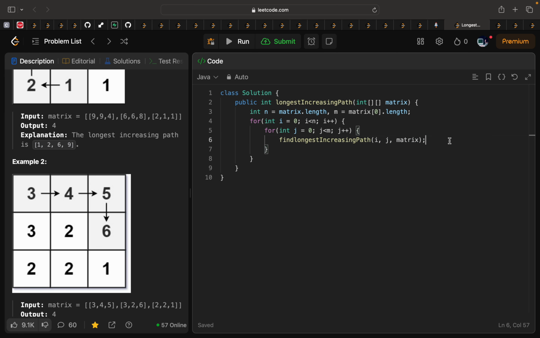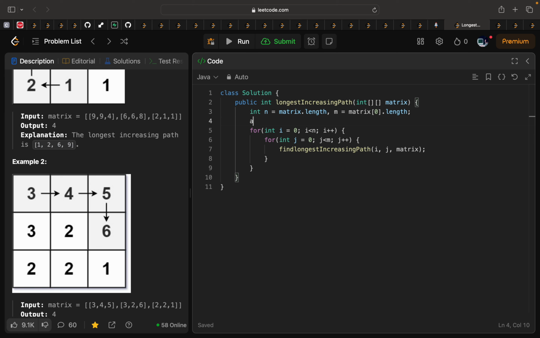This function will return some value, the length of the increasing path starting from this particular cell. Let's say initially our answer is 0, then our answer should be the maximum of the answer and 1 plus this value, because we are starting from the given cell, that's why we add 1 to it, and at the end we need to return this answer.